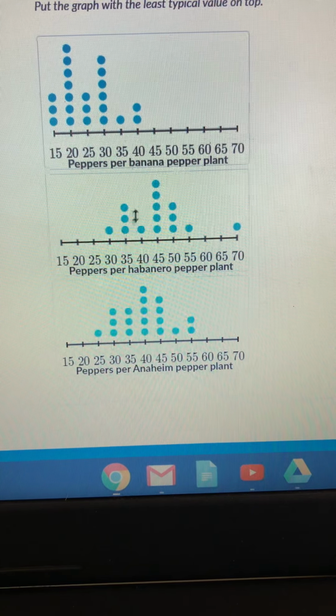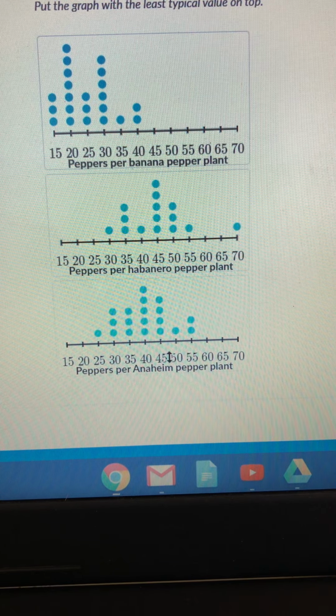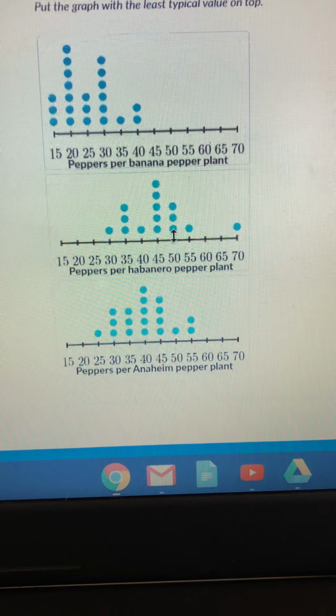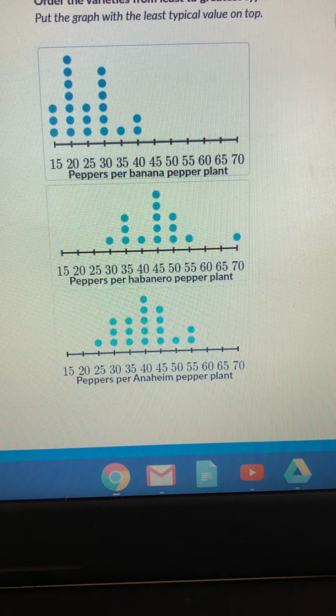Here, these are more symmetrical, kind of in the center, and then there's one way over here. And these guys are sort of all grouped in the center here. So order the varieties from least to greatest typical. Well, I think this is the least, right? There's lots of dots over to the left. For this one, we have a 25, we have 3 30s, we have 3 35s.